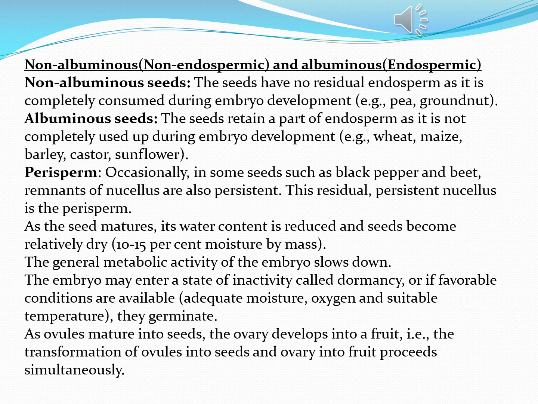The nucellus is a parenchymatous tissue found surrounding the embryo sac during its development. This residual persistent nucellus is called perisperm.